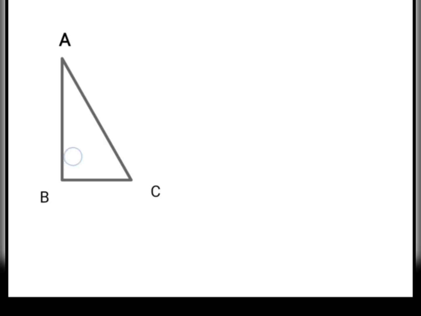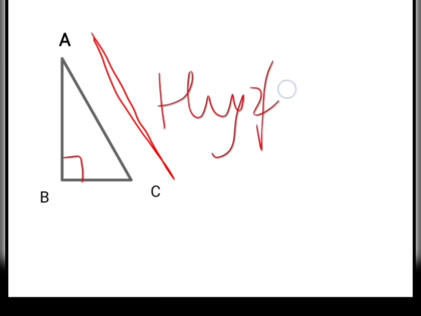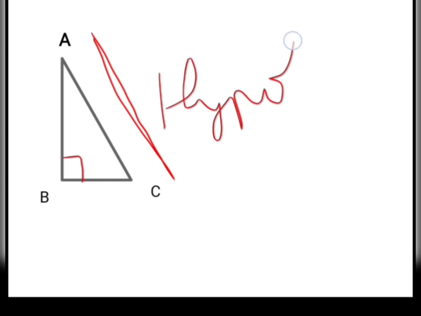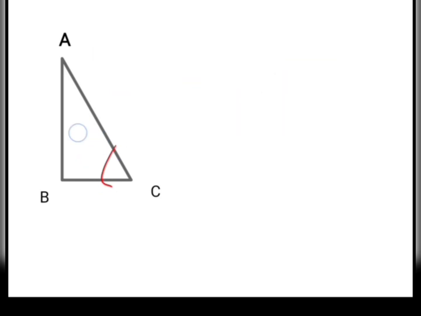The side opposite to the angle of 90 degrees is called the hypotenuse. AC is called the hypotenuse. And let us consider angle theta at C. The side opposite to B, which is the 90 degrees angle, is called the hypotenuse.